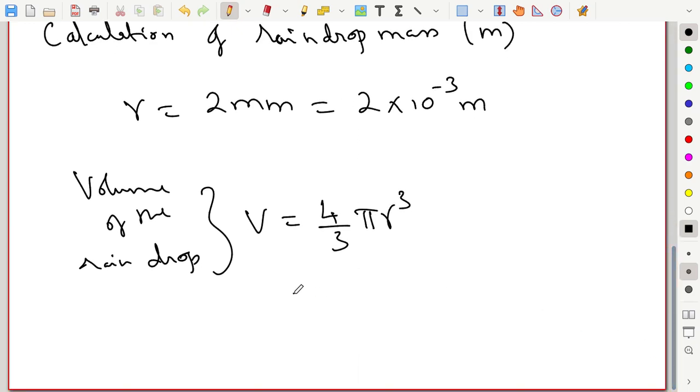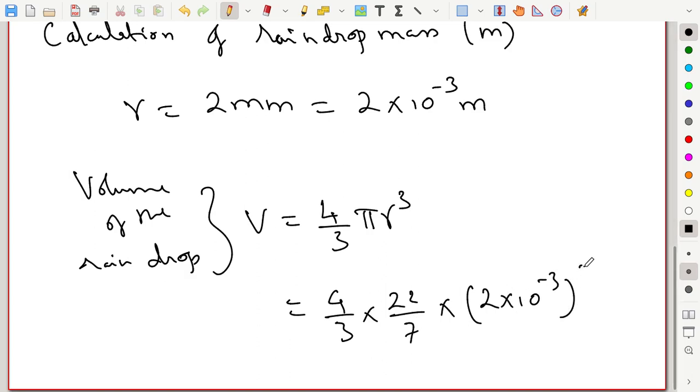From this we can find 4 by 3 into 22 by 7 or 3.14, whatever you want to use. Let me use 22 by 7 into 2 into 10 power minus 3 whole cube.